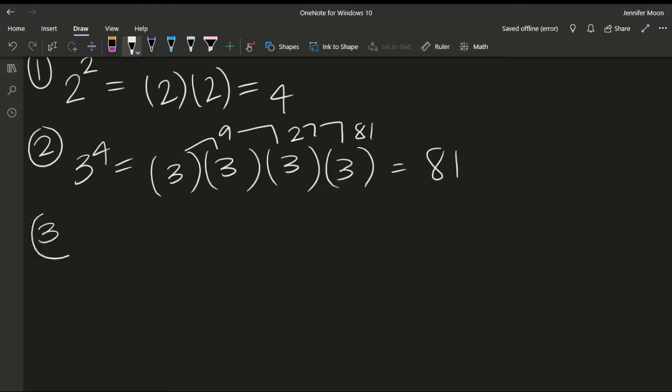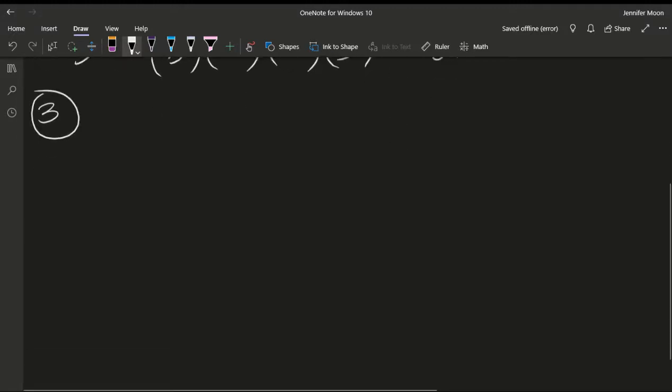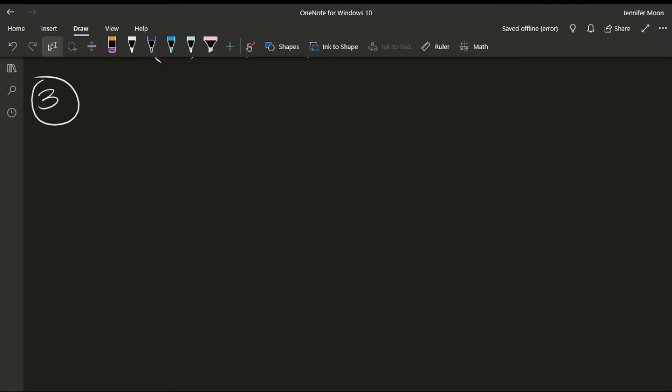Now, if we do this example, which is very, very important: if we see in parentheses a negative number raised to a power, our exponent is also called a power. This is literally saying that we're multiplying this whole thing inside of here by itself 2 times. So make sure you pay attention to the fact that it's in parentheses.